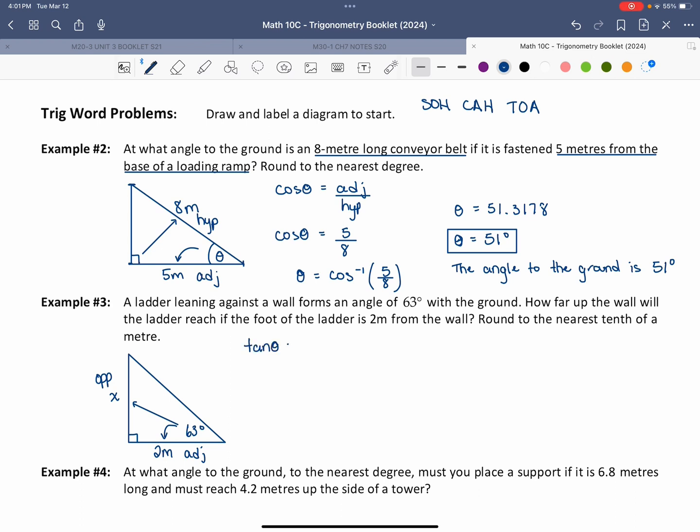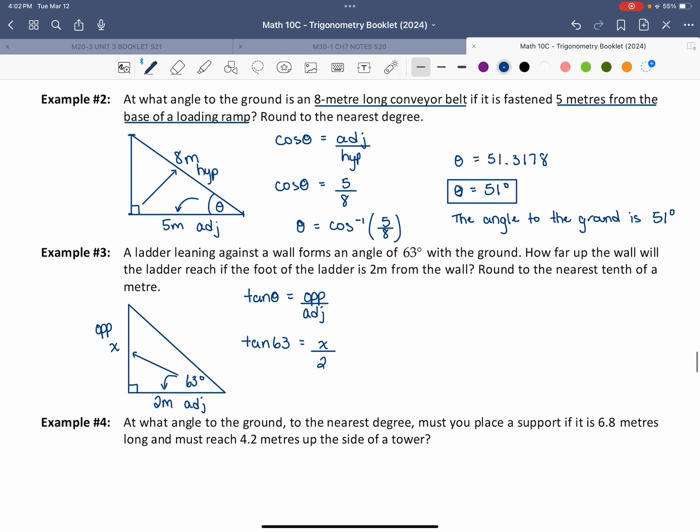Tan theta equals opposite over adjacent. Plug in our values. Tan 63 equals the opposite is x, and the adjacent is 2. When solving for a side using a trig function, we cross multiply and divide by putting a 1 under the trig function.